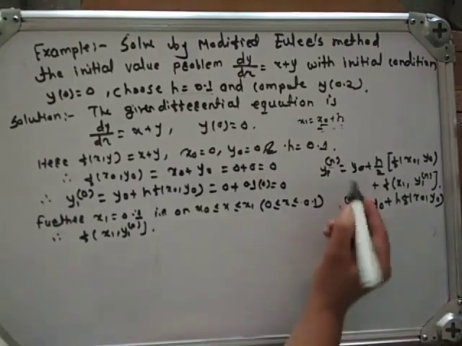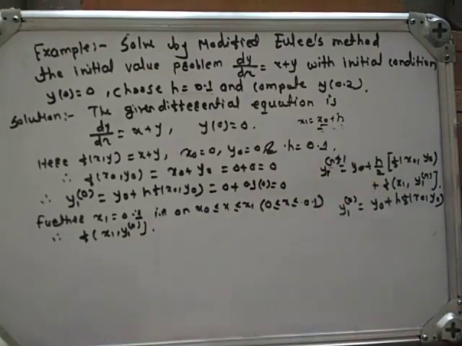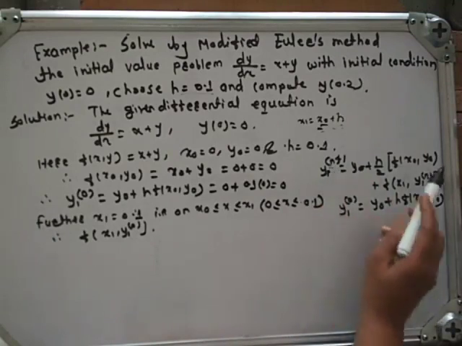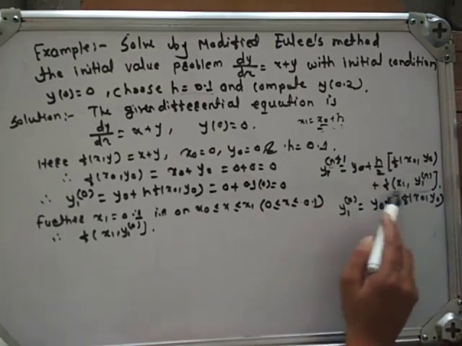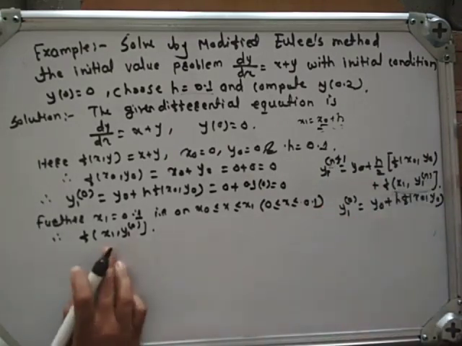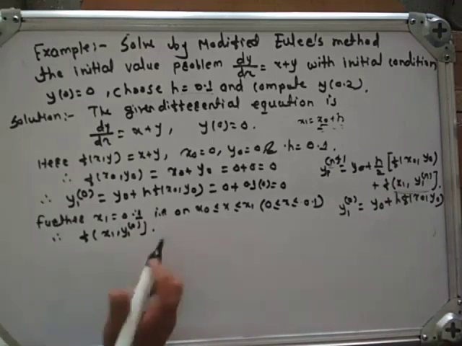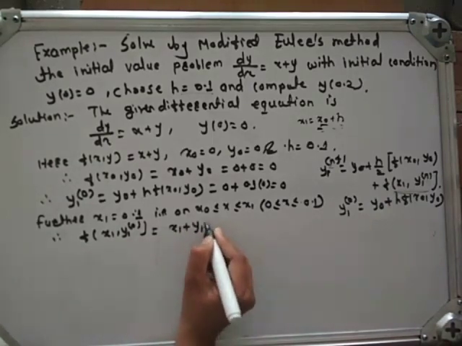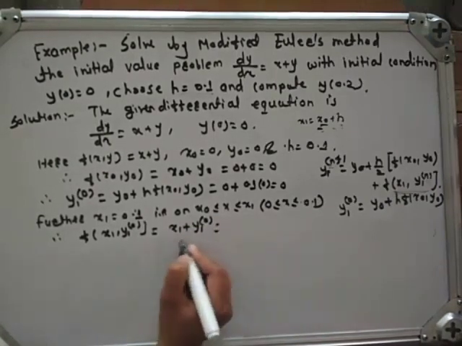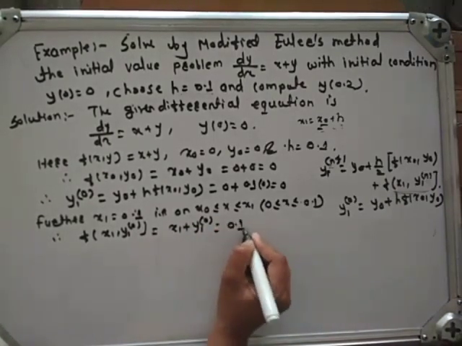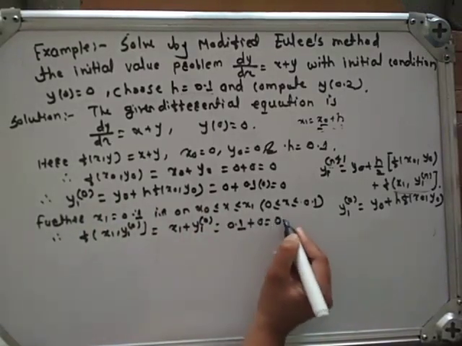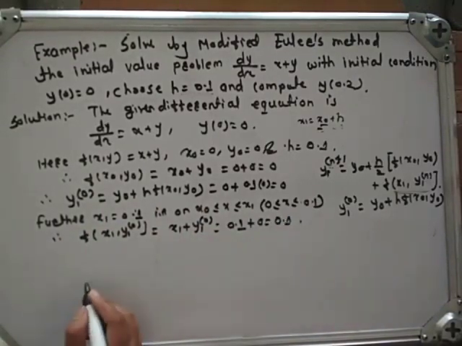If we put n is equal to 0, then here we require this value f of x1, y1 (0). So it is equal to x1 plus y1 (0). What is x1? x1 is 0.1 and y1 (0) is 0. So it is 0.1.